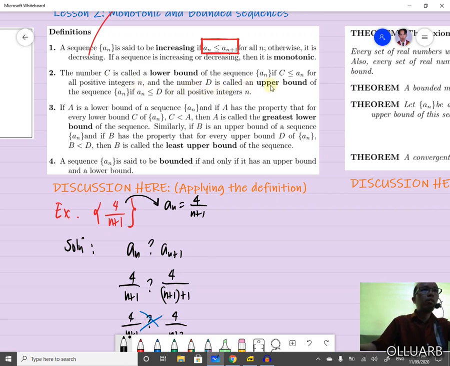And the number d is called an upper bound of the sequence if it is bounded above. This number d is greater than or equal to all the elements of the sequence for all positive integers n.